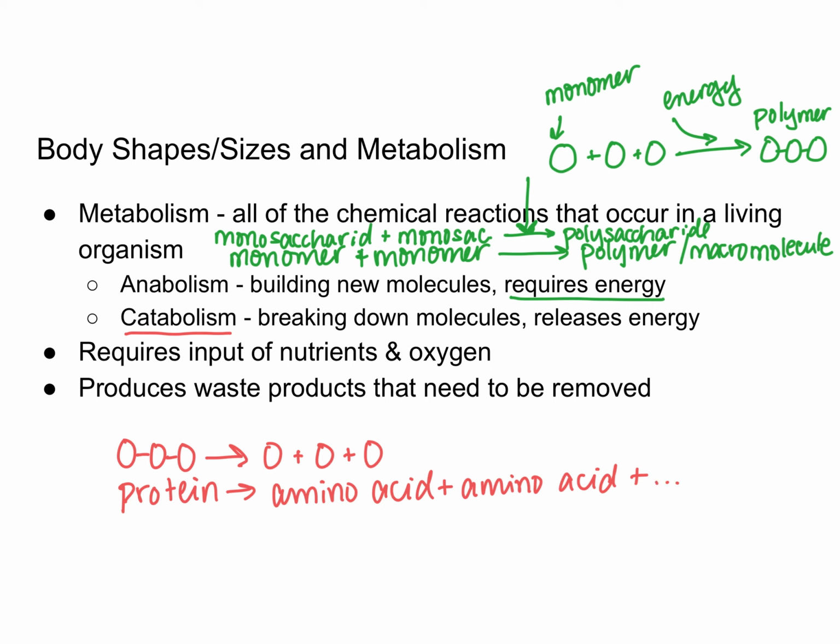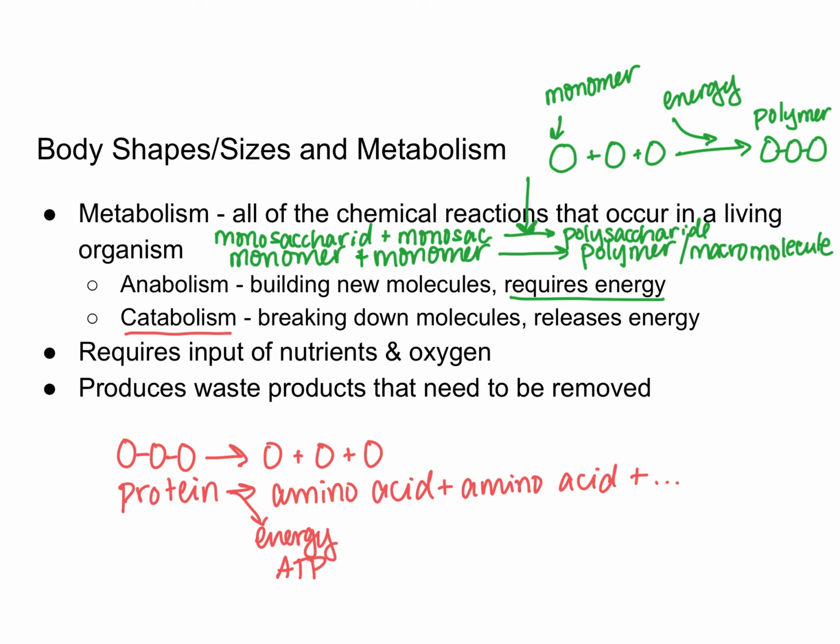There's typically a release of energy in this process. And this relates back to cellular respiration. Your cells are able to do cellular respiration, where they take nutrients and break the bonds of those nutrients in order to ultimately make a molecule or more of ATP.